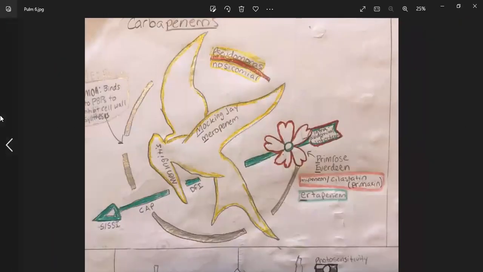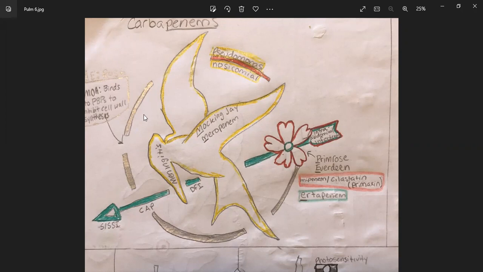So now we'll talk about the carbapenems. We have our Hunger Games symbol here because that whole thing took place in the country of Panem. So carbapenem, Panem. And again, these bind to penicillin-binding proteins, inhibit cell wall synthesis.